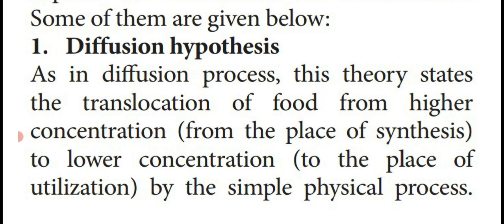Diffusion means a spreading process. That hypothesis is known as diffusion hypothesis. This theory states that translocation of food material occurs from higher to lower concentration by a simple physical process.